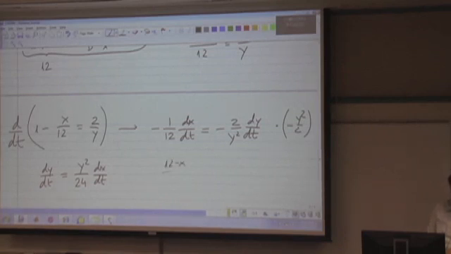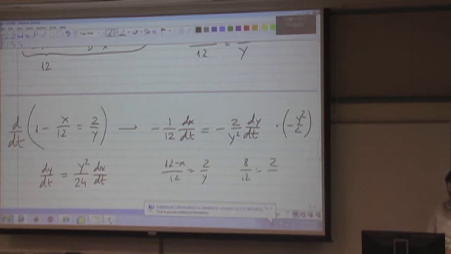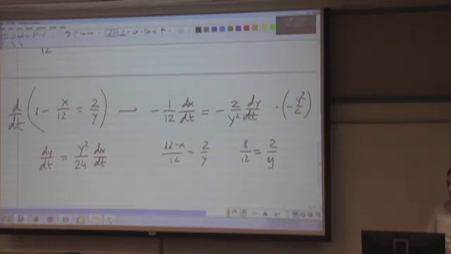12 minus x over 12 is equal to 2 over y. Right? x is equal to 4, which means 8 over 12 is equal to 2 over y. Right? Which means y is equal to 3. So dy over dt is equal to 9 over 24 times 1.6 meters per second.